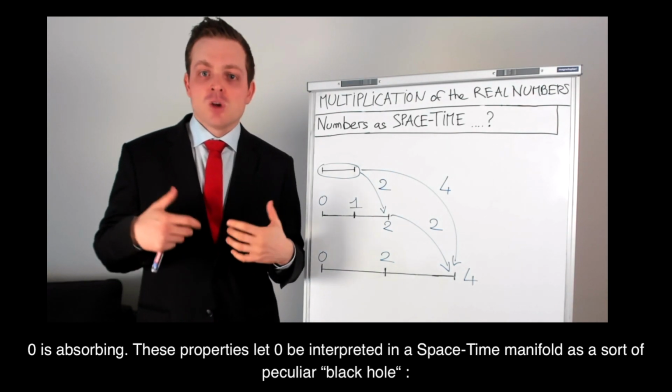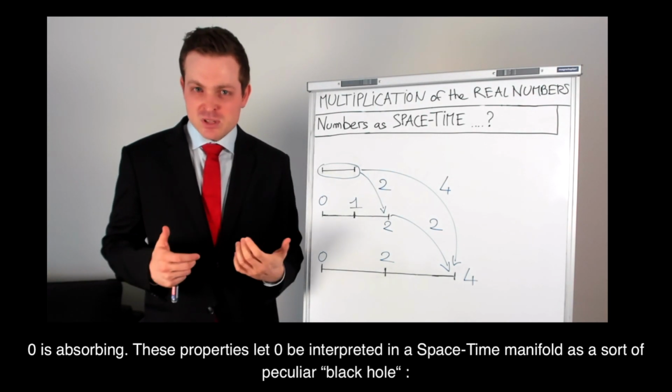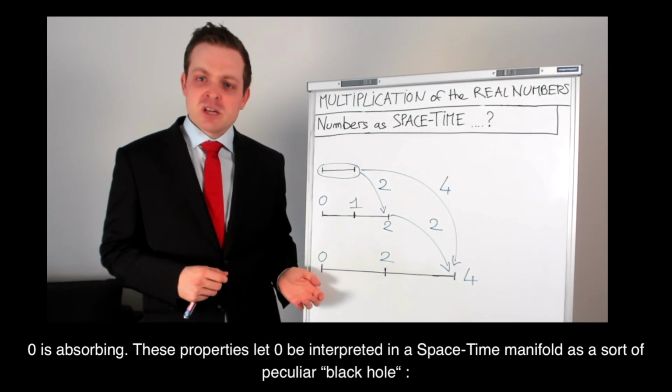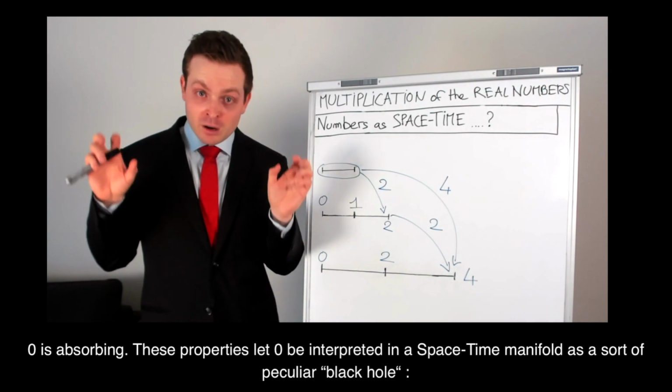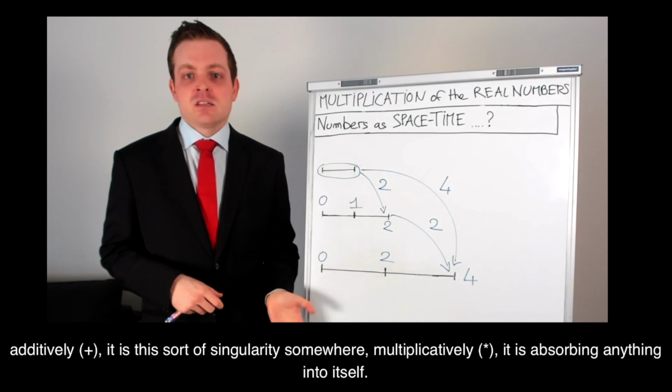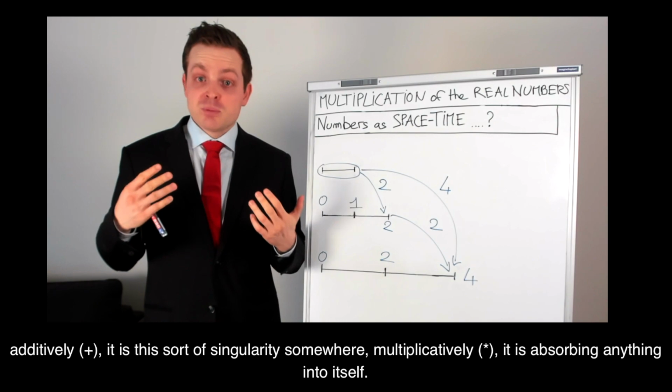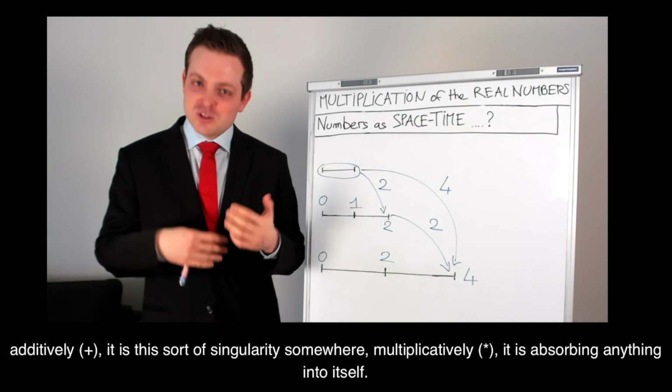Therefore, 0 is absorbing. And these properties let the original 0 be interpreted in a space-time manifold as a sort of peculiar black hole, because additively it is this sort of singularity somewhere, and multiplicatively it is absorbing anything into itself.